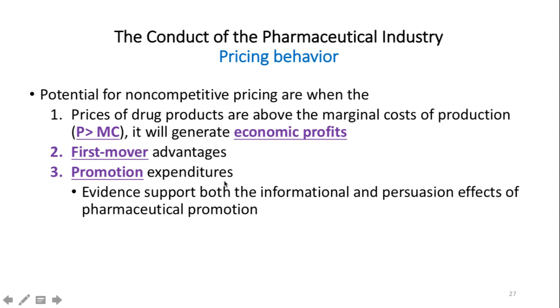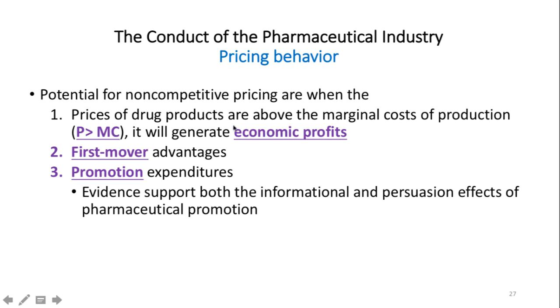The promotion and advertising expenditure is actually related to the advertisement effect. So evidence supports both the informational and persuasion effects of pharmaceutical promotion, and also evidence shows the impact of advertising expenditure on increasing the cost of production and the price higher than the marginal cost.